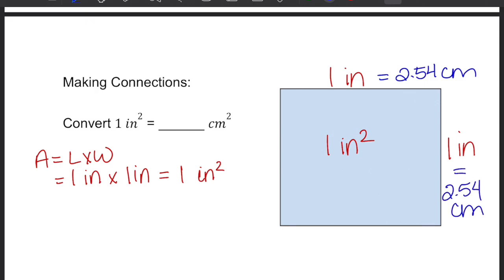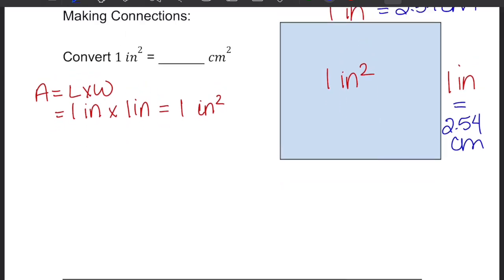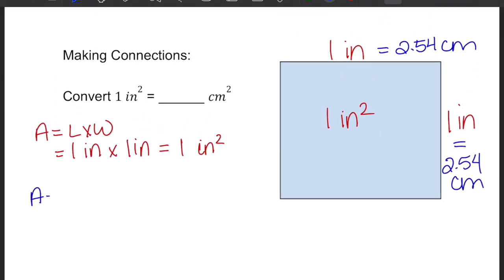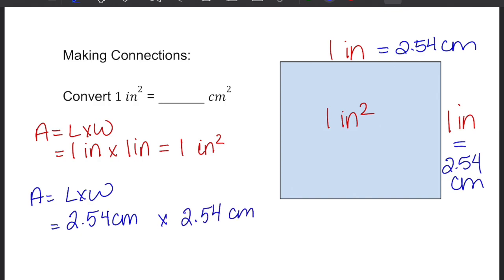And I'm going to find the area using centimeters now. Area, again, is length times width. The length is 2.54 centimeters, and the width is 2.54 centimeters. Now I'm going to multiply 2.54 times itself, and I get 6.4516 exactly.